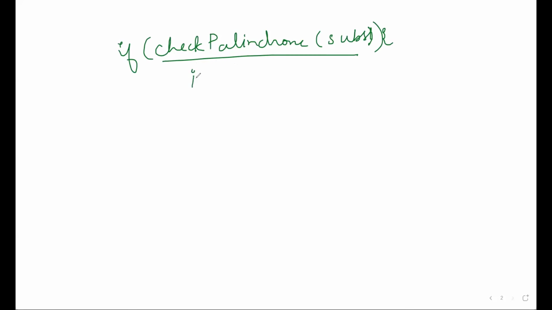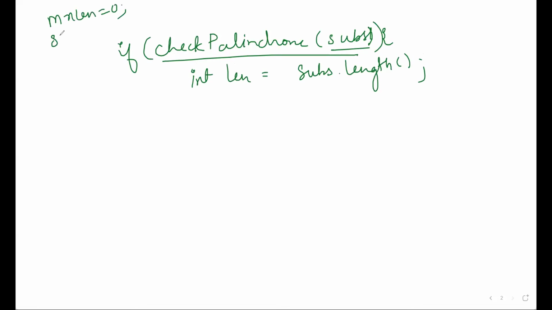So I will have some length; the length of the substring will be subs dot length. And I will maintain two variables: what is the maximum length till now, initially 0, and what is the substring that I got, let me call it the longest substring, L sub. Initially it will be empty.